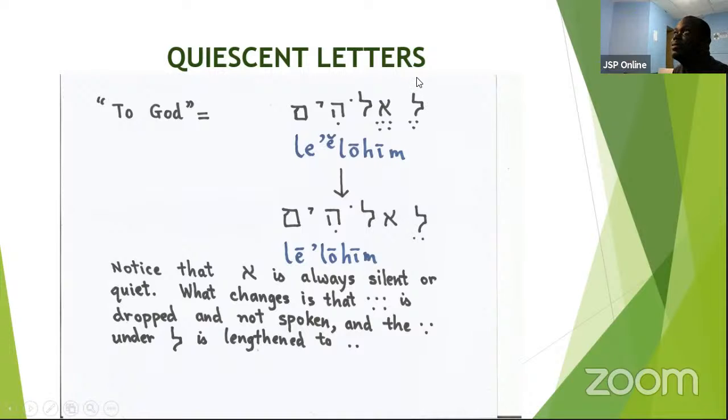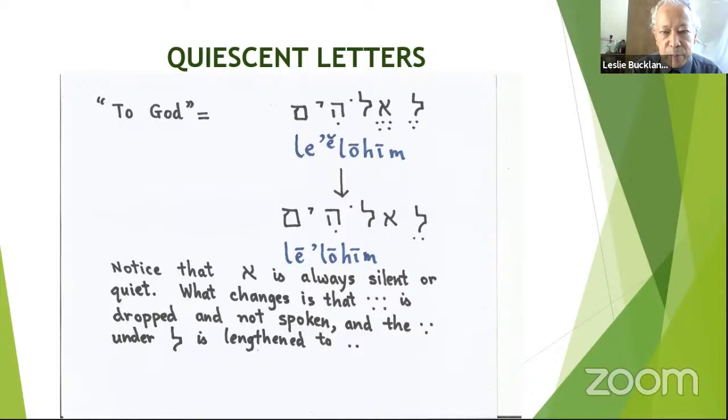Yes, sir. Originally, you had the simple schwa under the lameth, and the simple schwa is really, at best, when it is pronounced, like a half vowel, like the E in au revoir, or the E in the English word. Yes, it is lengthened so that it has a full vowel, not a half vowel anymore, but a full vowel, segol.